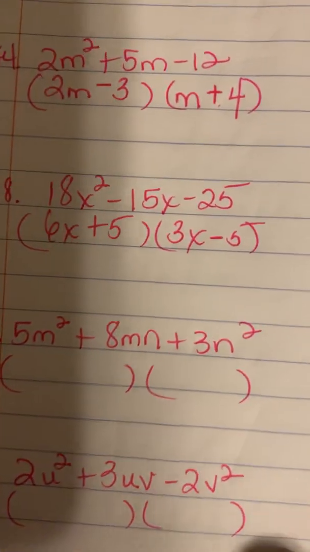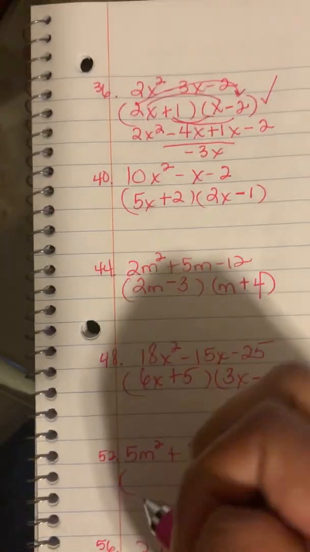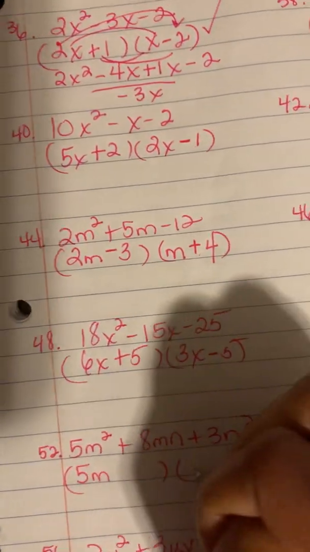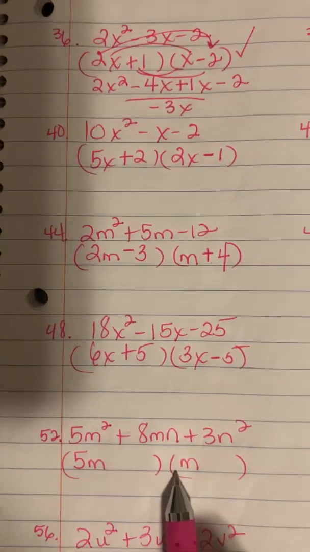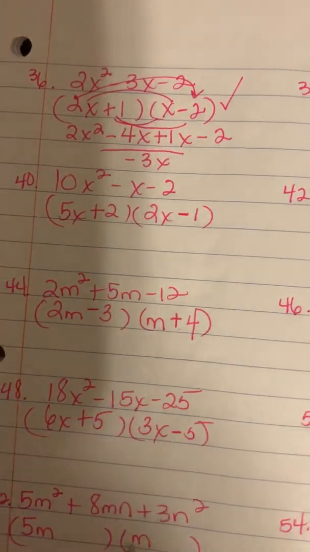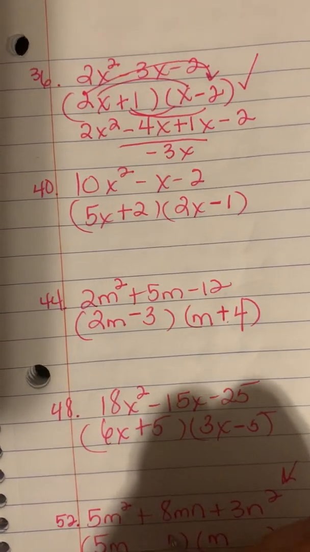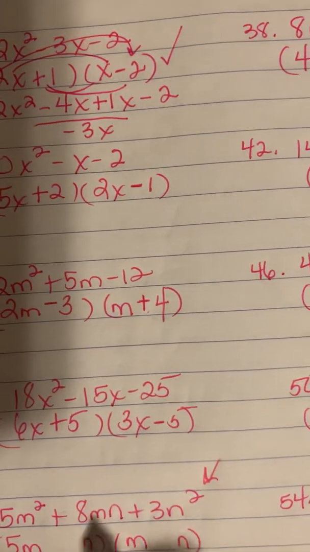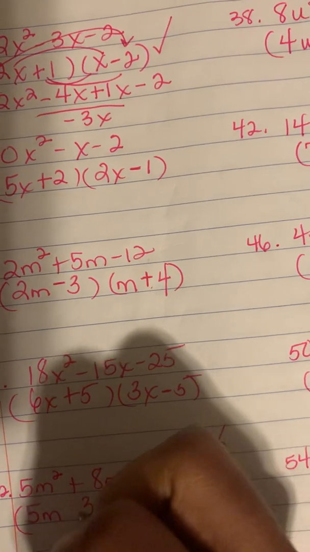For 52, okay, 52. All right, so I'm thinking of 2 numbers. I'm thinking about 5 times 1. I'm hoping you're thinking about 5 times 1 as well. Okay, and you can put a 1 here if you need to. You know, I don't mind. Whatever you decide is fine with me, as long as you understand it. Okay, so right here, real quick, I need N and N. Looks like I got the same. All right, but if I'm trying to get 3, the only numbers I can think of are 3 times 1.